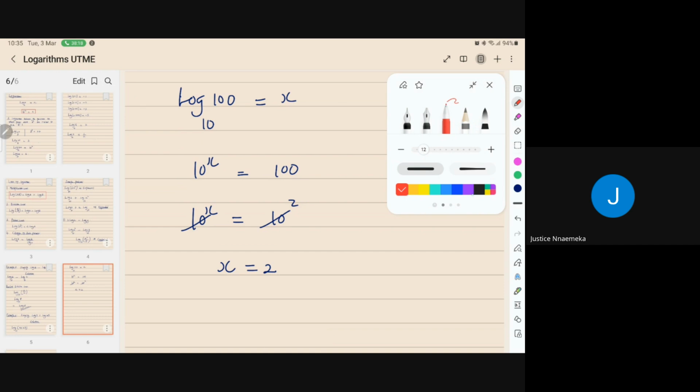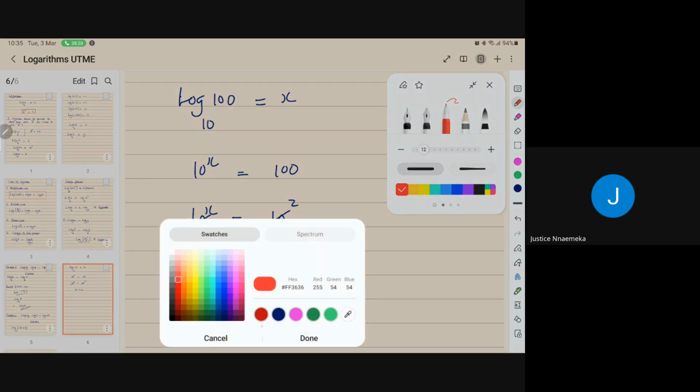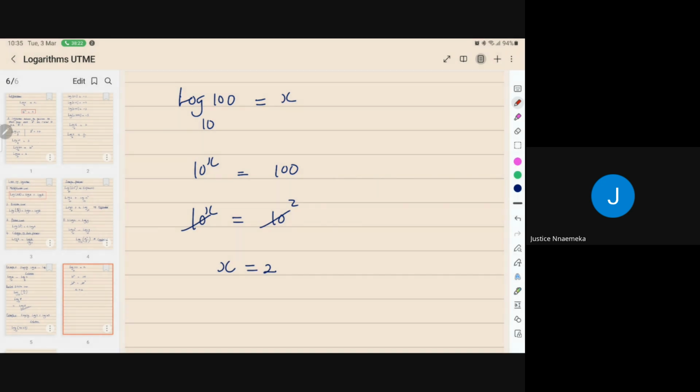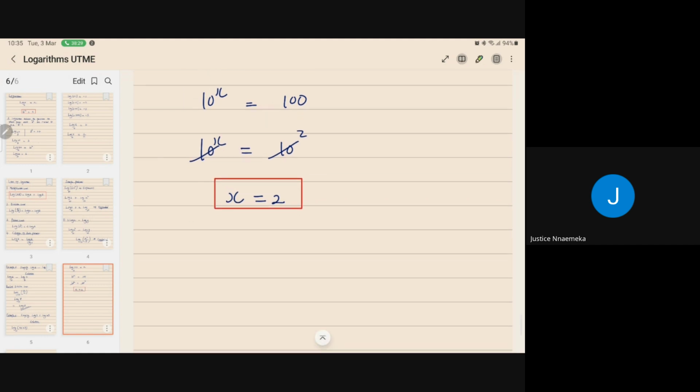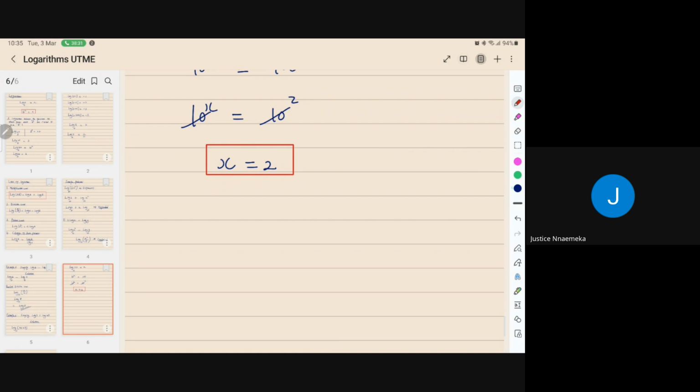So that's exactly what I did. Or you can apply the concept of what you learned during indices, so that x is equal to 2. Therefore, you've simplified that logarithm: log 4 plus log 25 is simply equal to 2 based on our simplification.